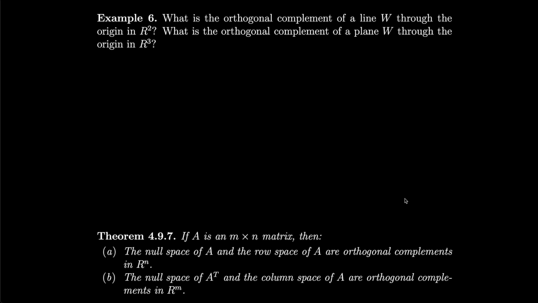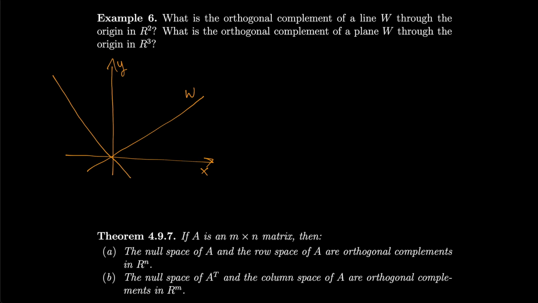Okay, so how about we draw this to figure it out? So here's my x-axis, here's my y-axis. I need a line W, so here's a line W, and here will be W perp, just the line perpendicular.